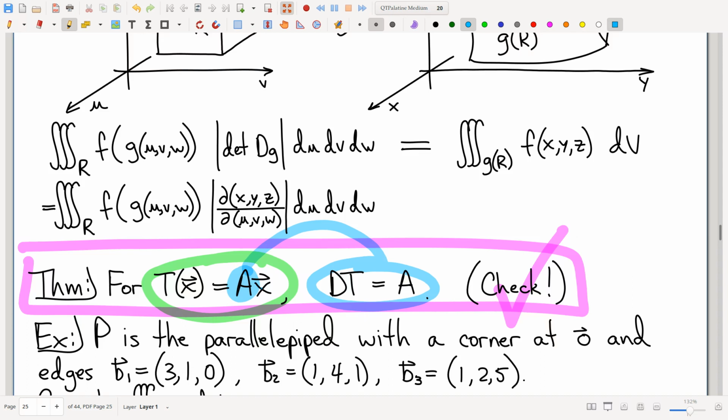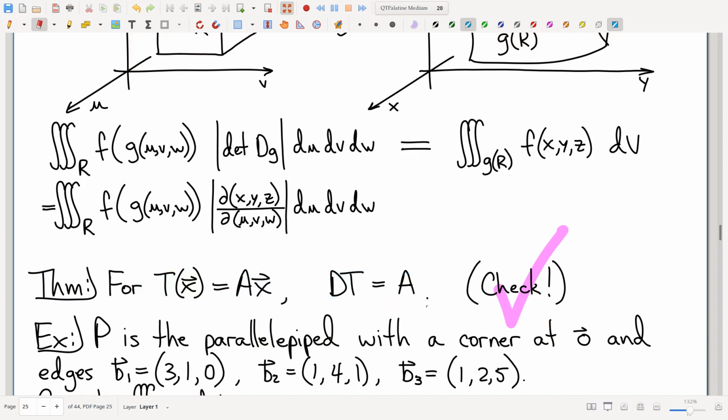Again, easily confirmed. Just write down a matrix A, give it some entries, A, B, C, D, E, F, G, H, I, whatever, right? And write out the formula for T, compute its derivative matrix. Notice it's exactly A. Very straightforward. It'll take you 3 minutes, worth your time.